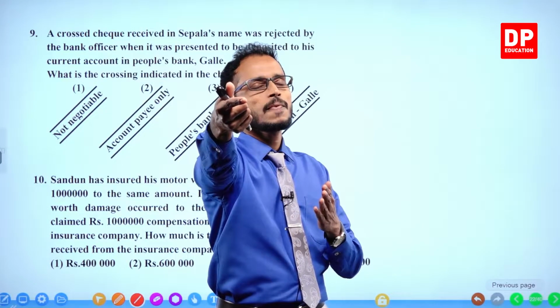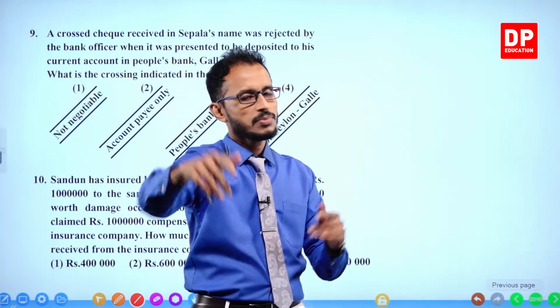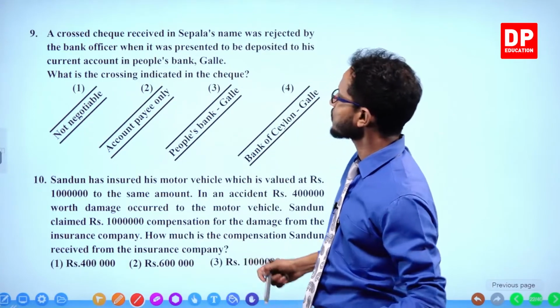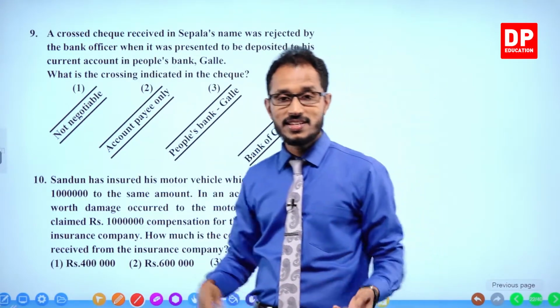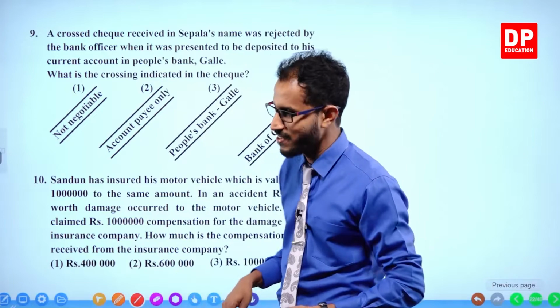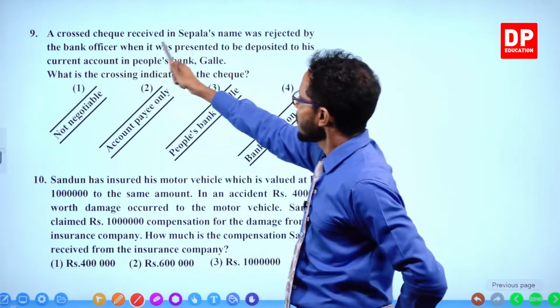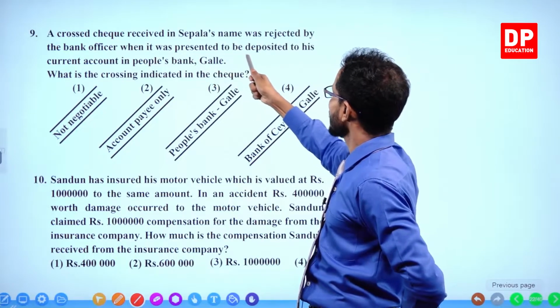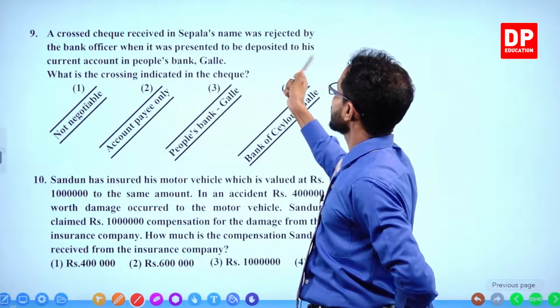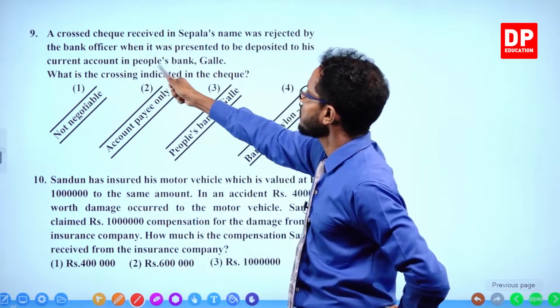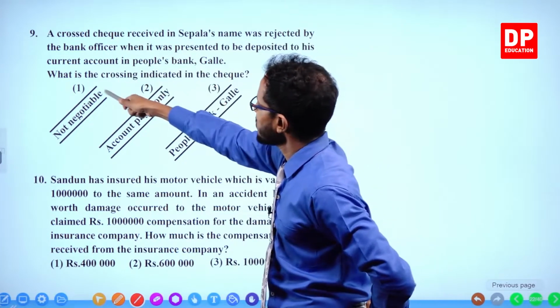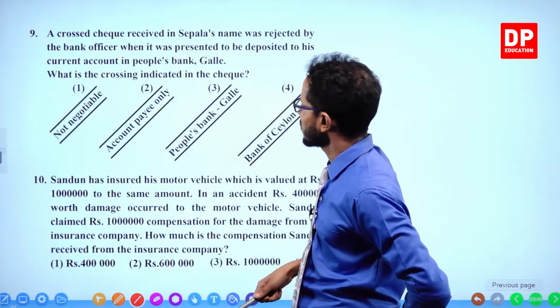Mr. Sepala, we can't accept your check. There's something wrong. That's what has happened. The entire role play is done here. It was rejected by the bank officer when presented to be deposited to his current account in People's Bank. What is the crossing indicated in the check?